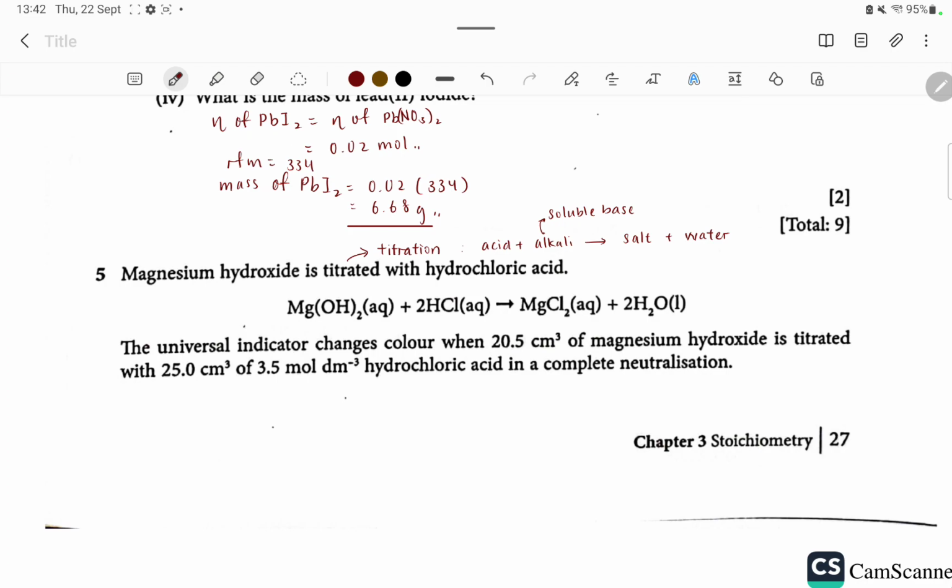So this one, they give you the equation, and then for magnesium hydroxide they give you the volume, while for hydrochloric acid they give you volume and concentration. This one is mole per dm³, so you can say molarity also can. So let's see.